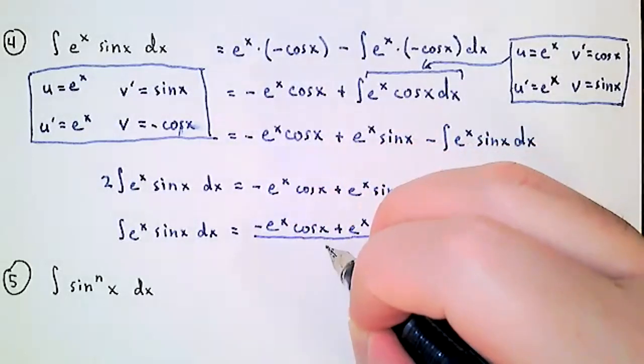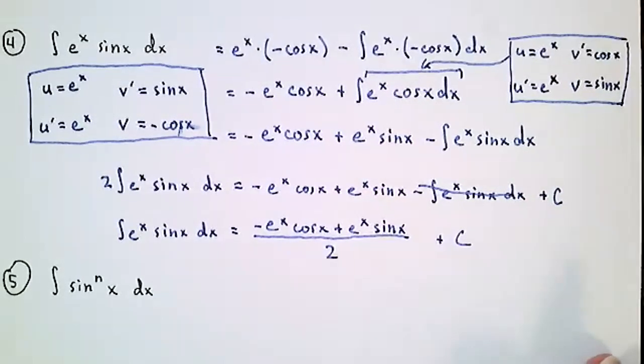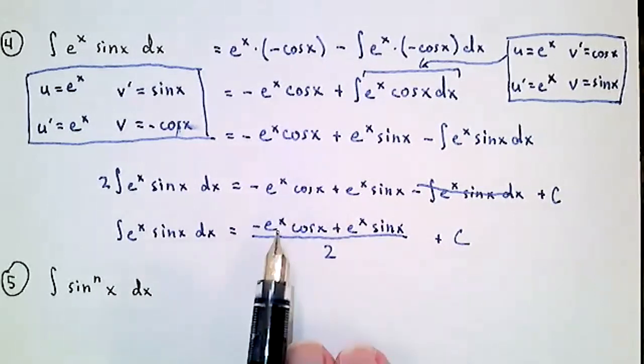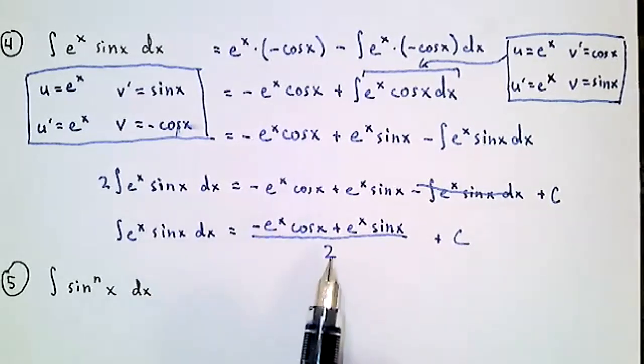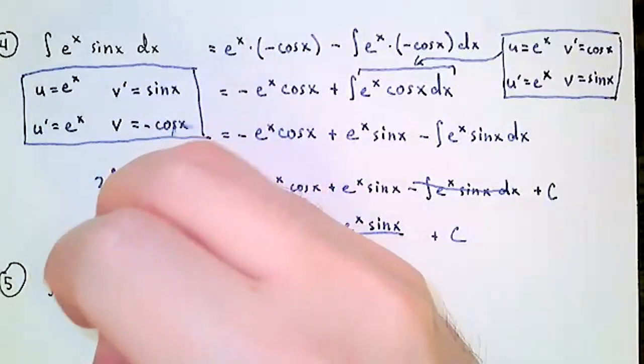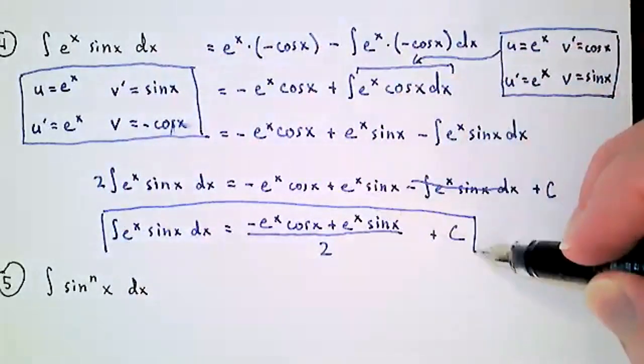But I'm just going to write it like this. If we wanted to simplify this, we could factor out the e to the x and the 2. But not necessary, because this is the answer, no matter how we write it.